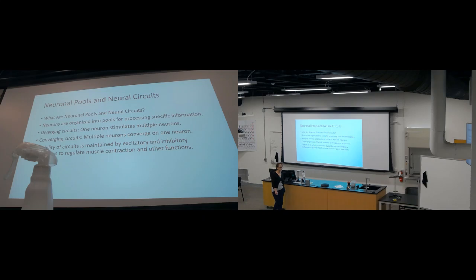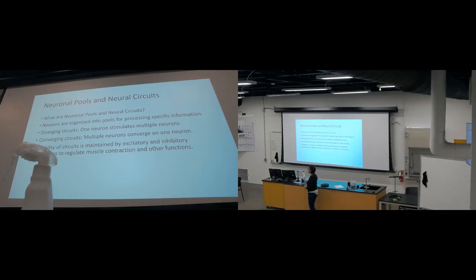Now let's talk about the functioning of cells as a whole and within groups. So we have neurons that organize into groups or pools that process a specific information. Within these groups, you have some cells that communicate with one another in a specific manner, and then you end up with some circuits that can spread the information.